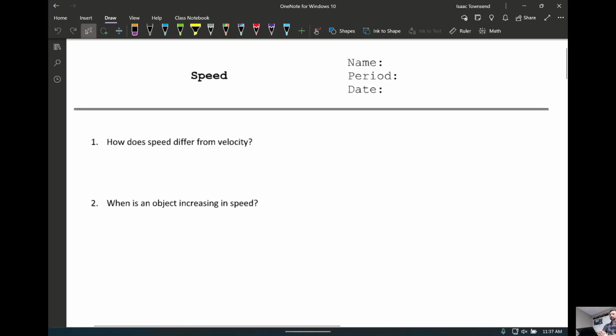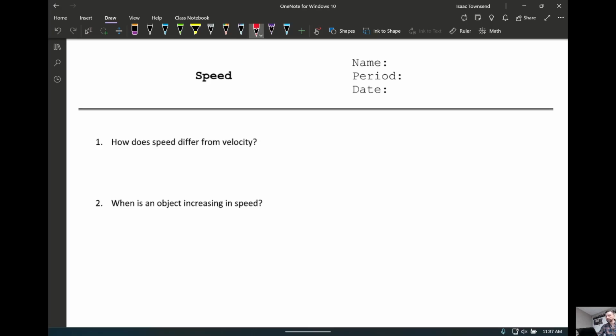Okay, so we've already talked about the difference between speed and velocity. Speed is the absolute value of velocity. So velocity can be positive or negative. If it's positive, that implies it's going right or up, depending on the context of the question. If it's negative, it's going left or down.